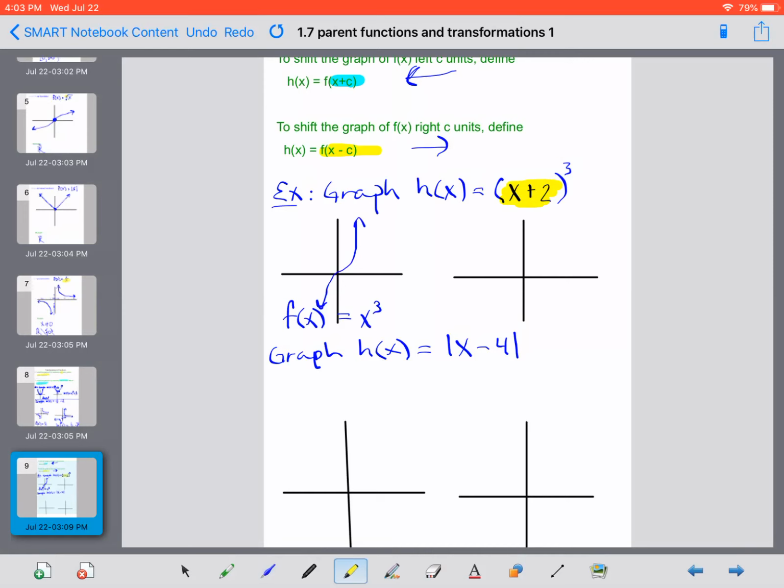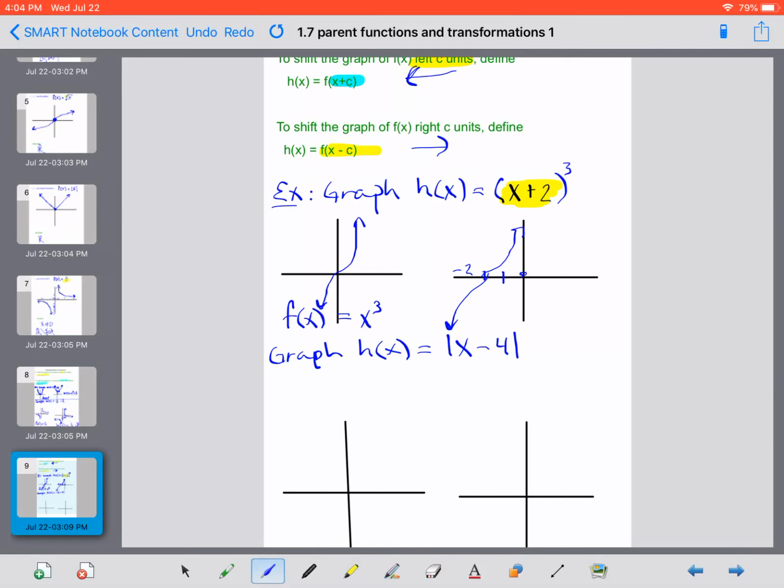So essentially what we have here is the function f of x, but we've shifted it left 2 units, because we've replaced x with x plus 2. When you replace x with x plus 2, that means you need to shift it to the left 2 units. So instead of hitting the origin, like we have here, we're actually going to move 2 units to the left, over here to negative 2, and then draw that same graph that we had, but shifted over 2 units.